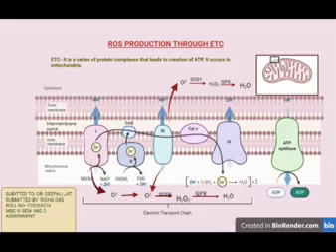Superoxide is quickly dismutated to hydrogen peroxide by two dismutases, including superoxide dismutase 2, also known as SOD2, in mitochondrial matrix, and superoxide dismutase 1, also known as SOD1, in mitochondrial intermembrane space. Both superoxide and hydrogen peroxide generated in this process are called mitochondrial ROS.